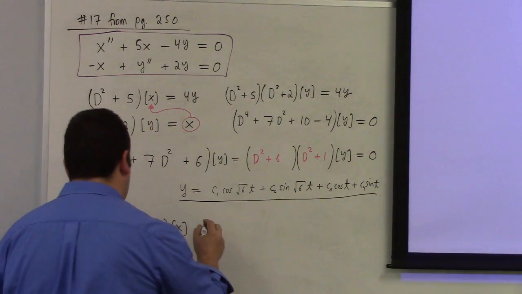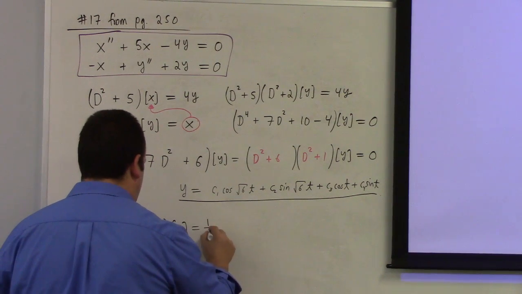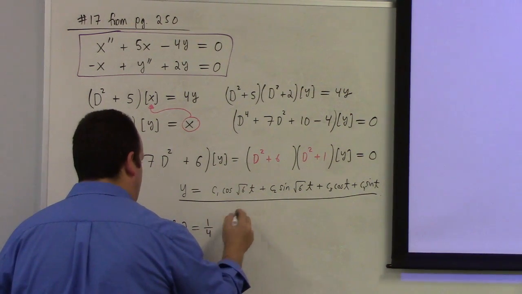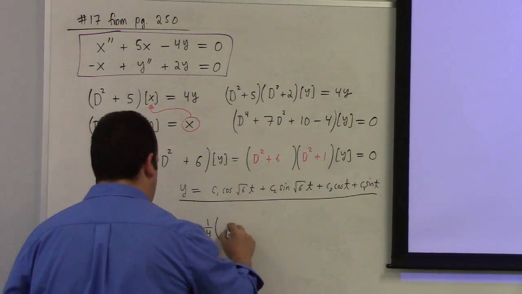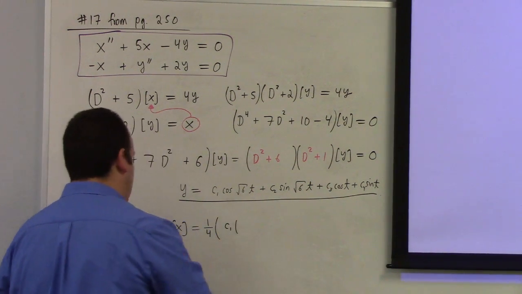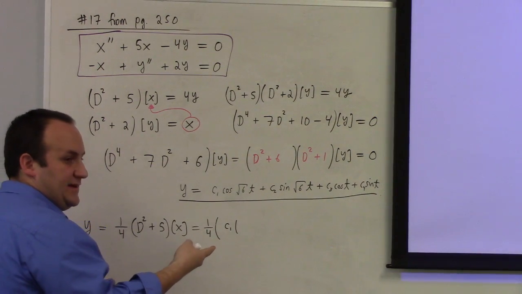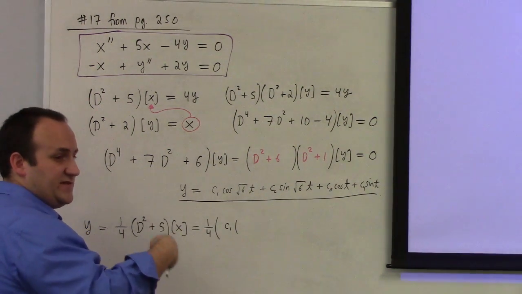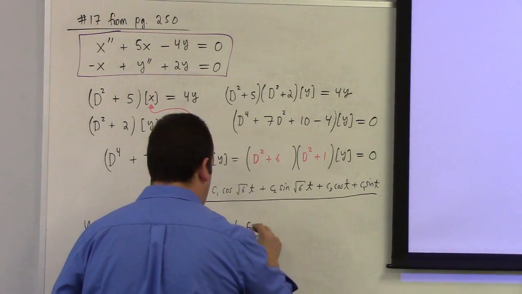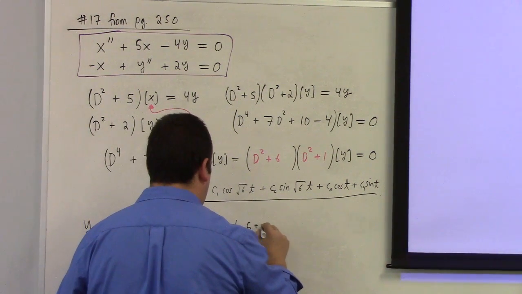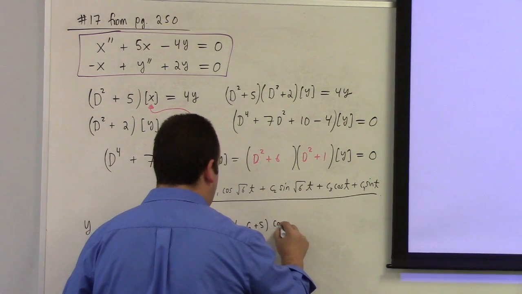So that's 1/4. And what happens when you twice differentiate that thing? C1, twice differentiating brings out root 6, so it's minus 6 plus 5, C1 cosine root 6 t.